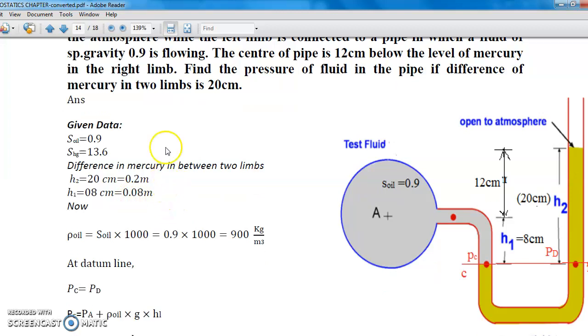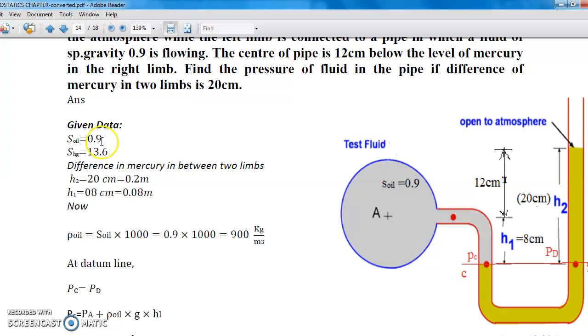Next point, here the question is given, the specific gravity of the oil is 0.9. So what to do? First you have to convert the specific gravity of the oil to the density of the oil. You know that the specific gravity of the oil is equal to the density of the oil divided by the density of the standard fluid, here water, and that value is 1000.